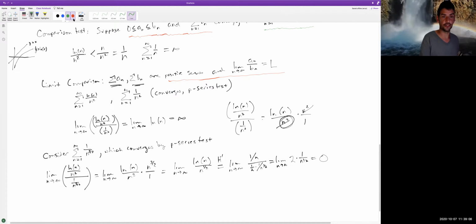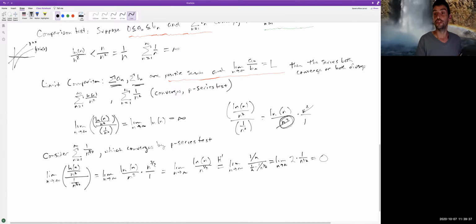So now we have satisfied both conditions of our limit comparison test. We've satisfied that they're positive series and they have a finite limit. Oh, I never wrote the rest of the limit comparison test: then the series both converge or both diverge.